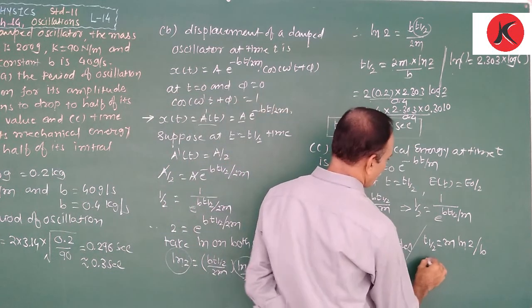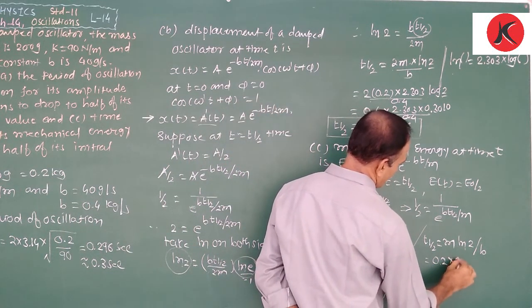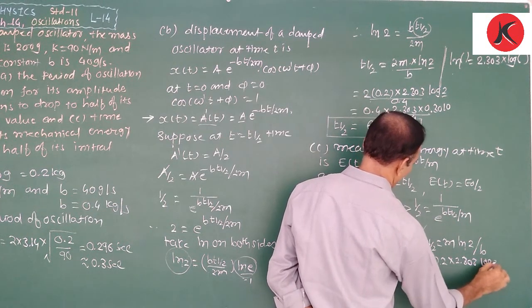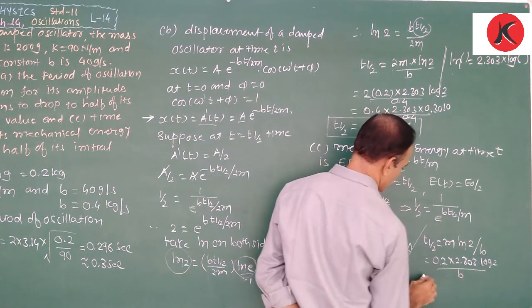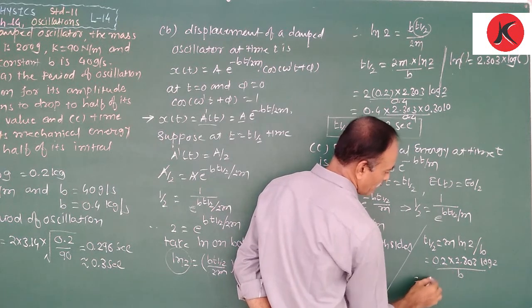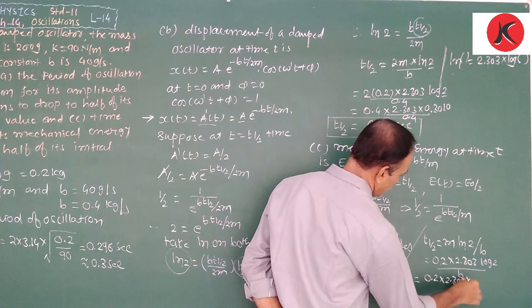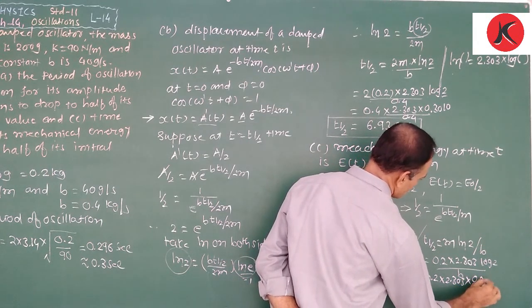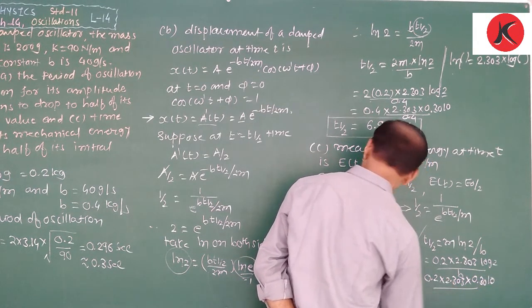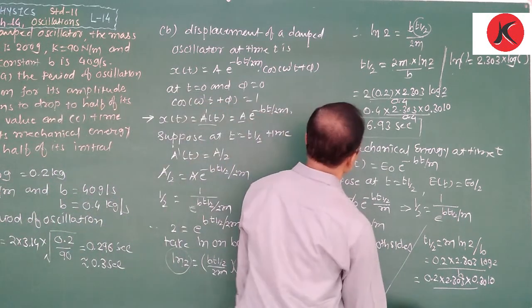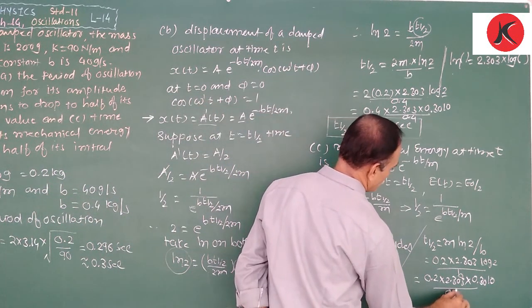Now m is given as 0.2. Here 2.303 log 2 upon b. Therefore, 0.2 into 2.303 into 0.3010 upon, the value of b is 0.4.